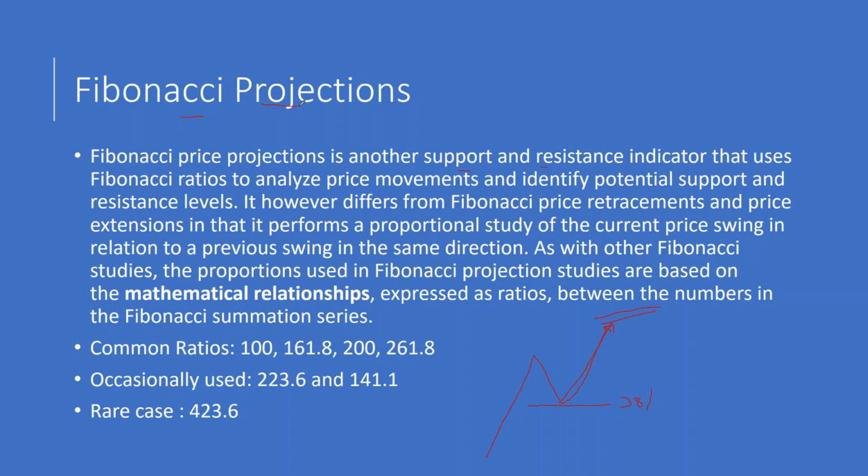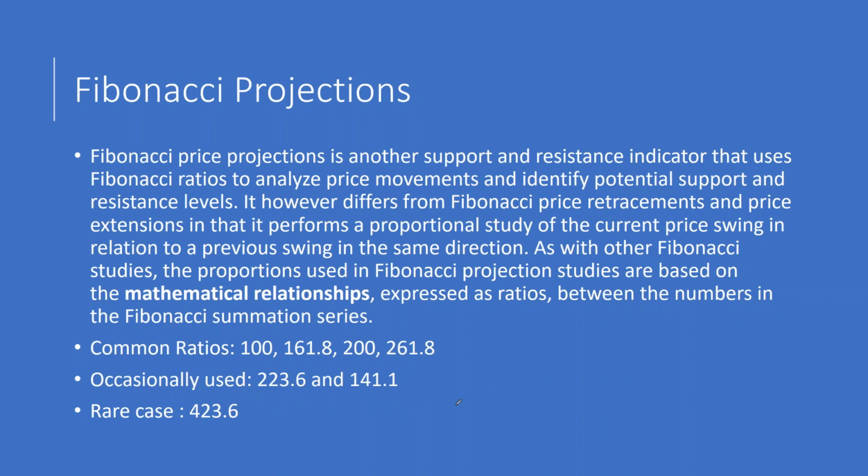by Fibonacci projections. Okay. So again, the common ratios are 100%, 161.8%, 200%, 261.8%, and we have occasionally used this, and there is a rare case of this, 423.6%.